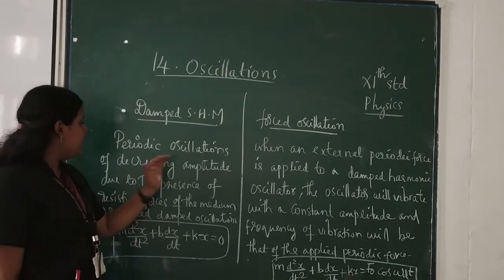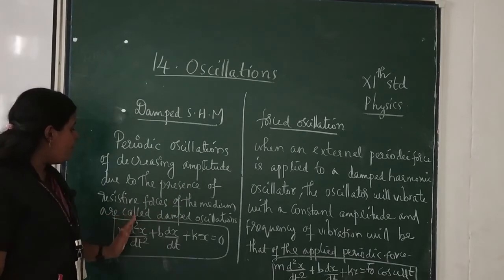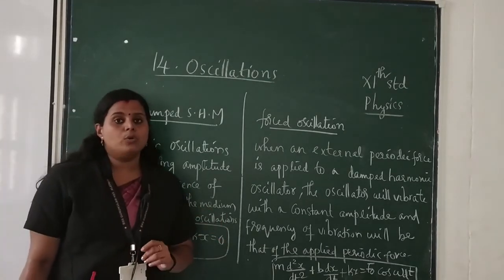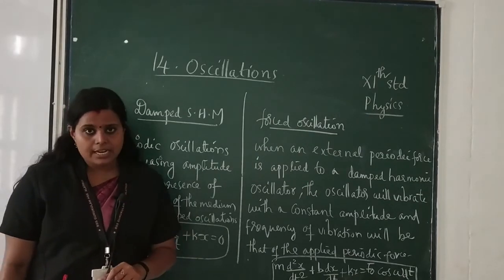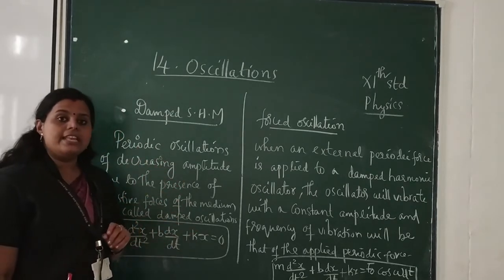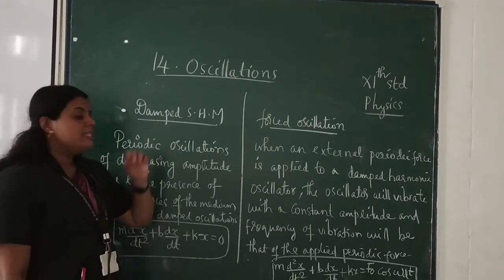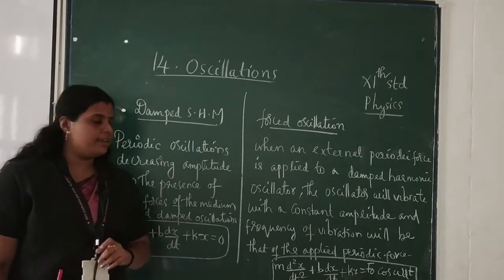Periodic oscillations of decreasing amplitude due to the presence of resistive forces of the medium are called damped oscillations. മീഡിയത്തിൽ റെസിസ്റ്റീവ് ഫോഴ്സിന്റെ പ്രസൻസ് ഉള്ളത് കൊണ്ട് തന്നെ റെഗുലർ ഇന്റർവെൽസിൽ റിപ്പീറ്റ് ചെയ്യുന്ന എന്നാൽ ആംപ്ലിറ്റ്യൂഡ് ഡിക്രീസ് ചെയ്തു വരുന്ന തരം സിമ്പിൾ ഹാർമോണിക് മോഷനെയാണ് നമ്മൾ ഡാംപ്ഡ് സിമ്പിൾ ഹാർമോണിക് മോഷൻ എന്ന് പറയുന്നത്.